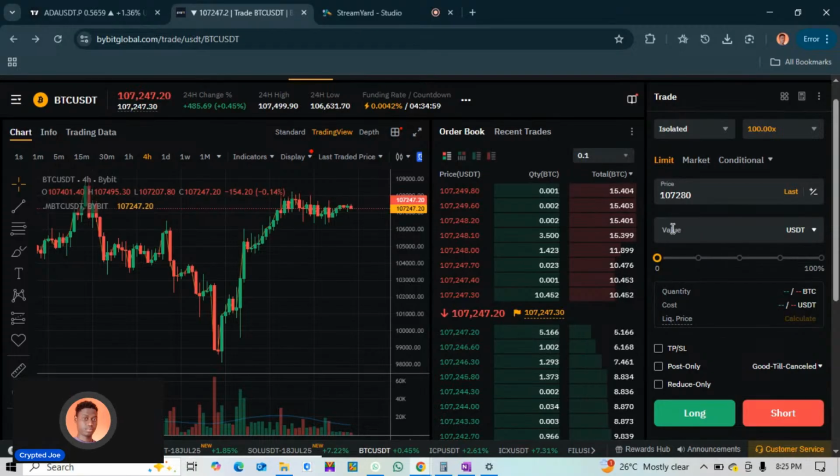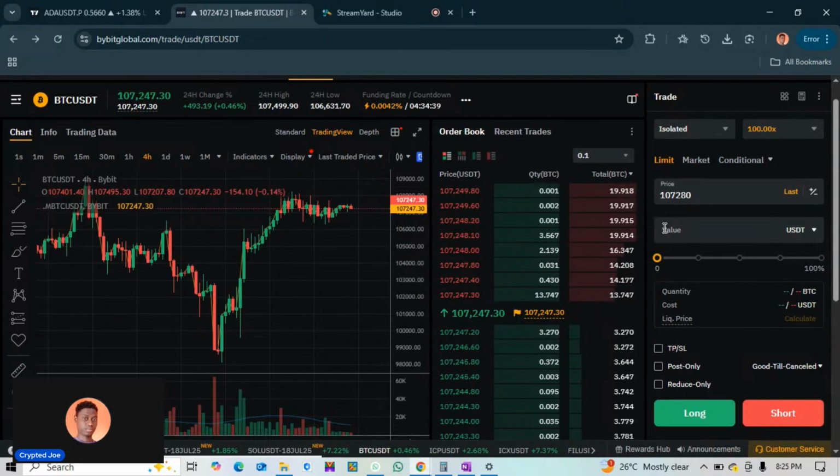Your order value will now be 100. That 100 means you are being lent some amount of money to open your position size so that you can trade that particular coin.